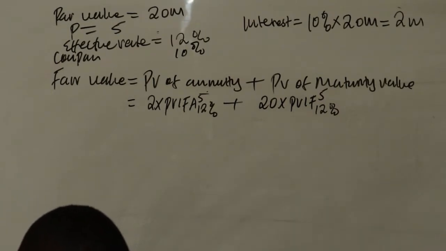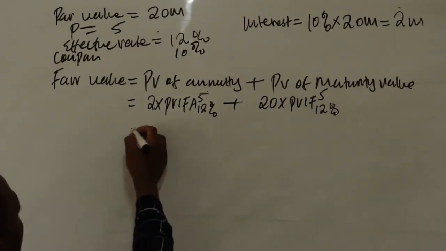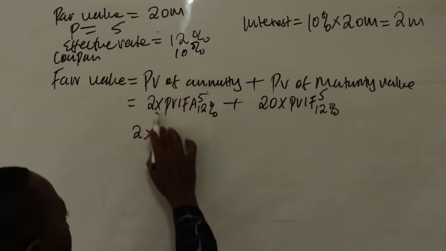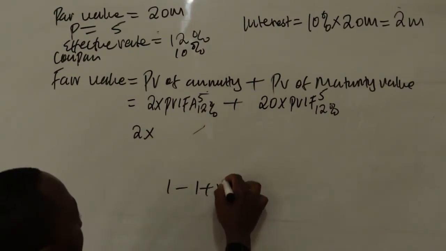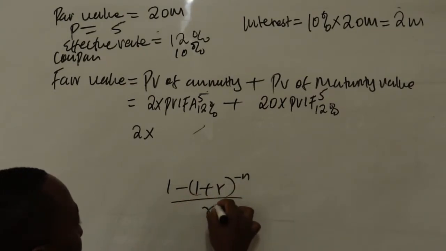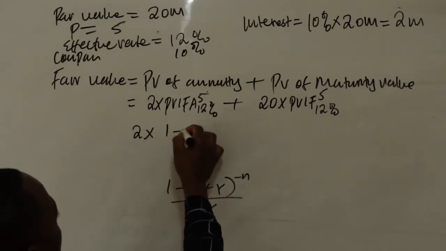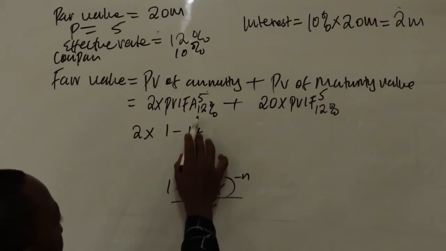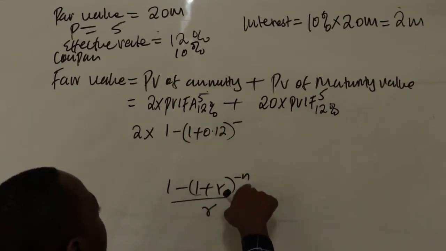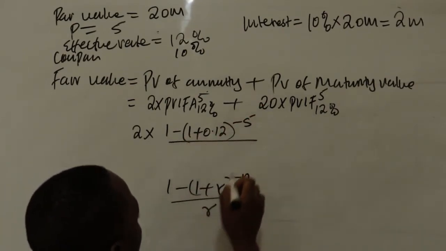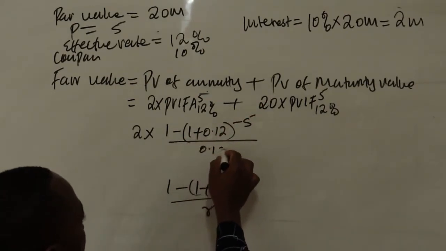So what will you get? This is 2 times, how do we get the present value of an annuity? It's 1 minus (1 plus r) raised to the power negative n, over r. So it will be 1 minus (1 plus 0.12) raised to the power negative 5 years, divided by r, and r is 0.12.